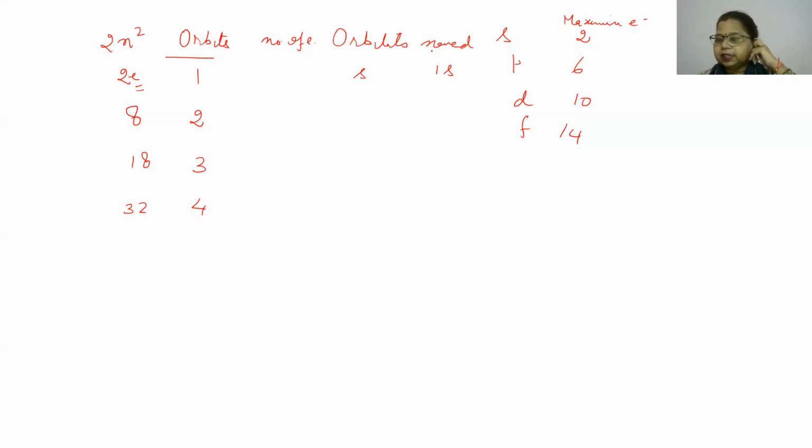Now, talking about the second shell or second orbit, it can have, as we have written, a maximum of 8 electrons. So what do you need? You need s and p orbitals. To accommodate, s will have 2, p will have 6. And they will be named 2s and 2p. Is it clear?